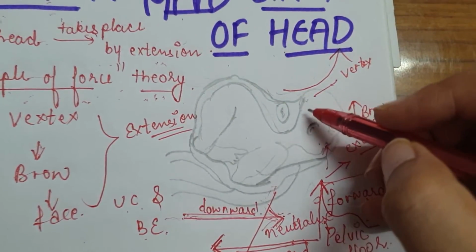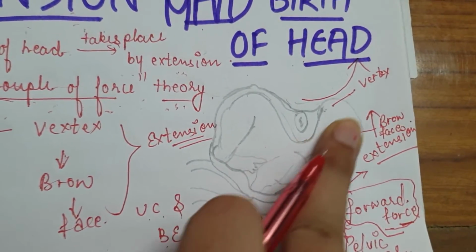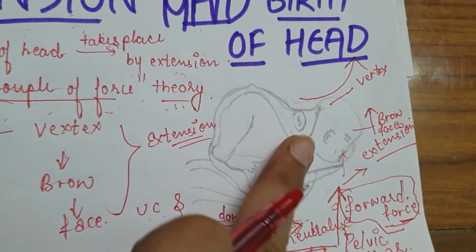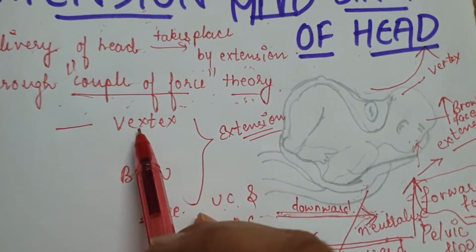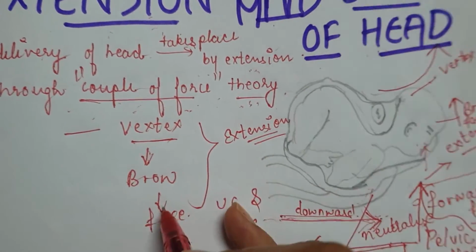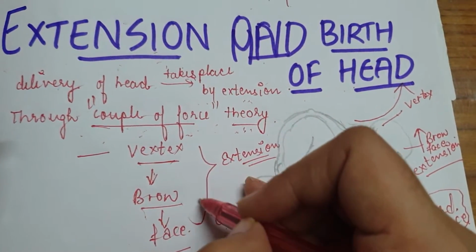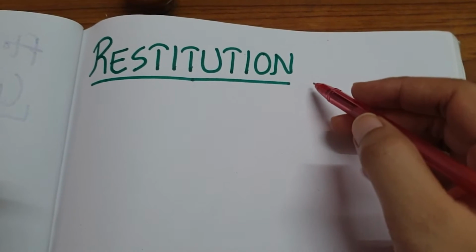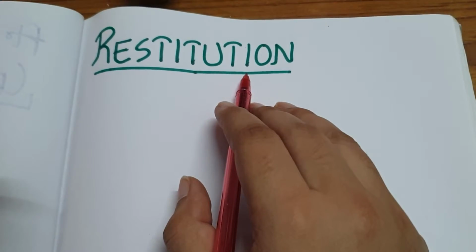So with the help of extension, firstly which part of the head is born? Firstly vertex, then brow, and then face, like this. So the vertex, then brow, and then face, and there is a birth of head due to extension. So after the extension, the next step is restitution.